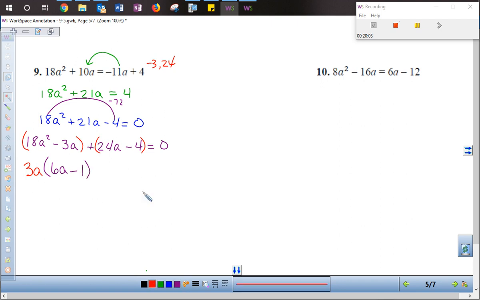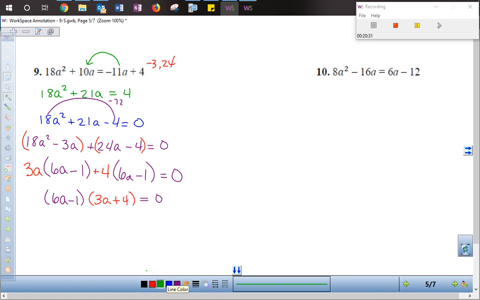Now my second binomial of 24a and 4, I can take out a 4, and 24a divided by 4 leaves me with 6a, and 4 divided by 4 leaves me with 1. Now my two binomials are the same, so I can bring out that 6a minus 1, and then I'm left with 3a plus 4.